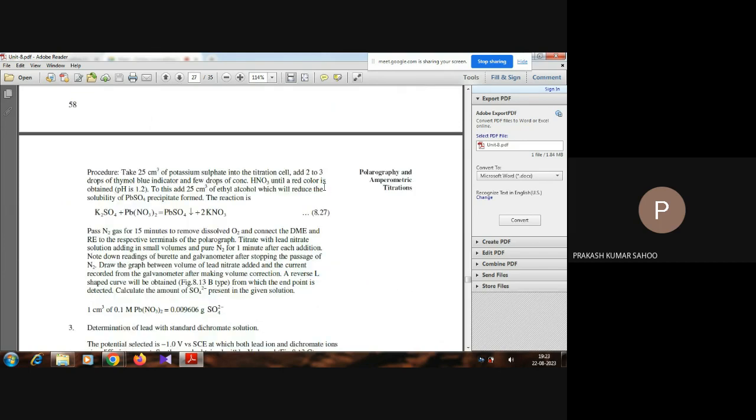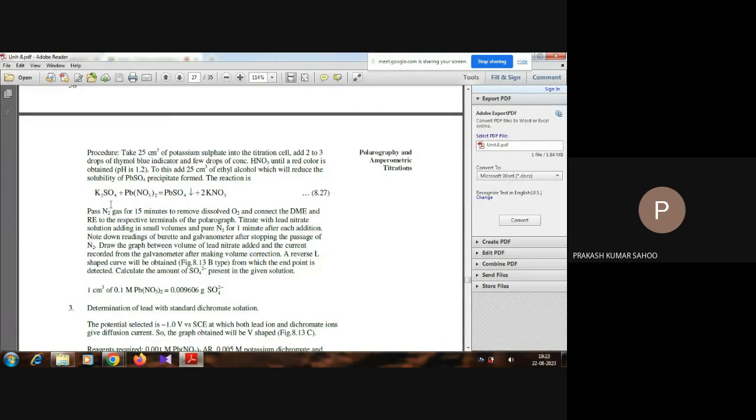Then we have the second example, determination of sulfate with lead nitrate. Lead nitrate will convert sulfate to lead sulfate, so gradually the concentration of sulfate in the medium will decrease. So the current will decrease, and by extrapolation we will have the end point.